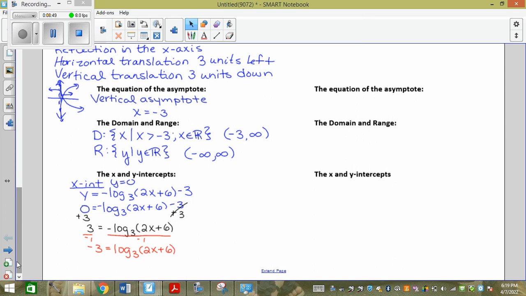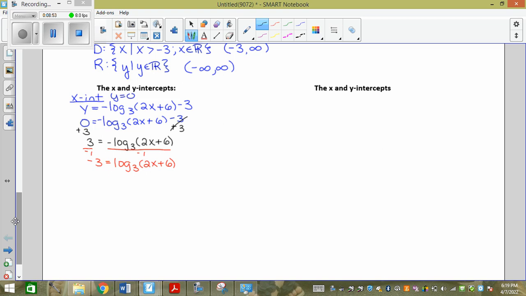Now I have a single log by itself, so I can convert to exponential. The base of my log becomes the base of my exponent, it's raised to what it's equal to, and it equals what's beside the log. So 3 to the negative 3, which is 1 over 27, equals 2x plus 6.